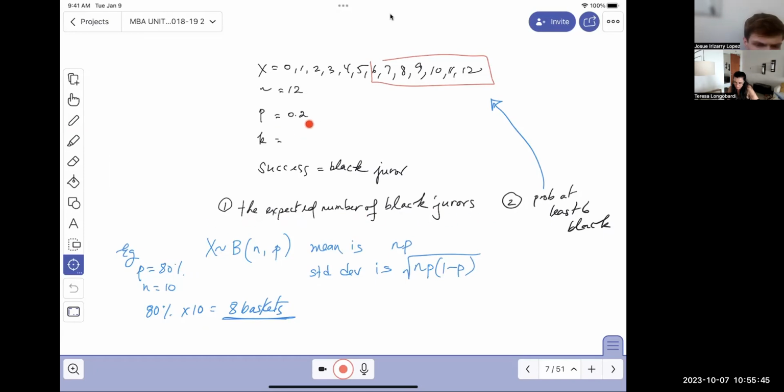If the chance is 20% and you're going to take 12 jurors, what's n times p? 2.4. Yes, 2.4.